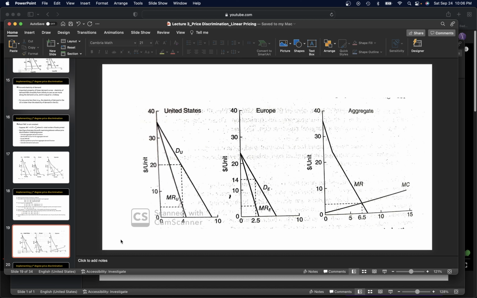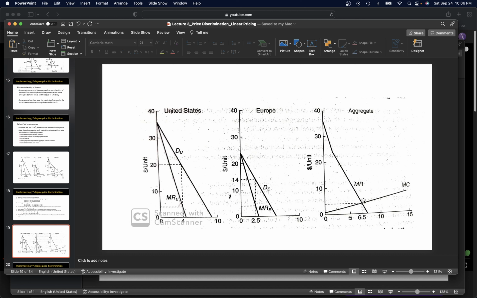Okay, so this is just a picture of exactly what we were talking about. Here you've got aggregate marginal revenue, and you're equating it to marginal cost. And then this is how you would get the quantity here in the aggregate, which is 6.5.